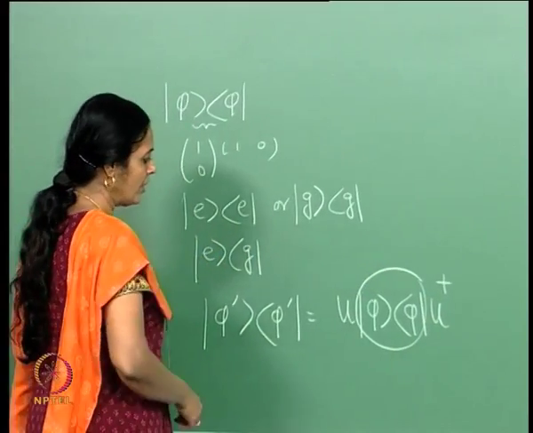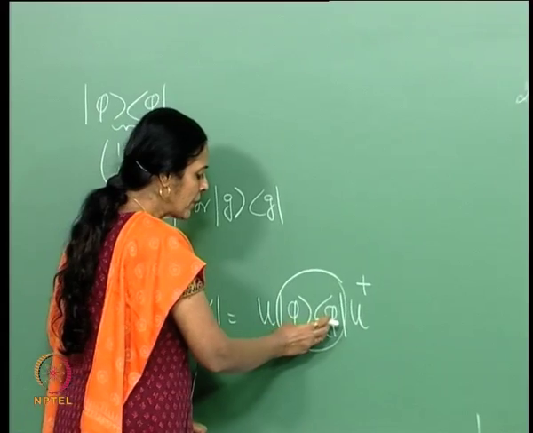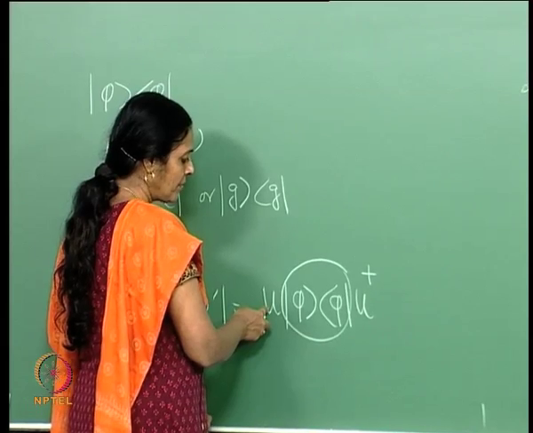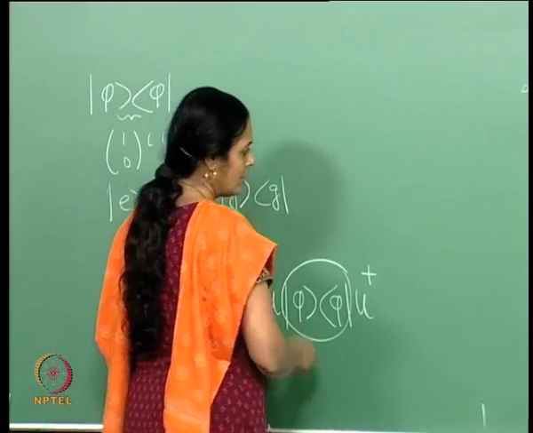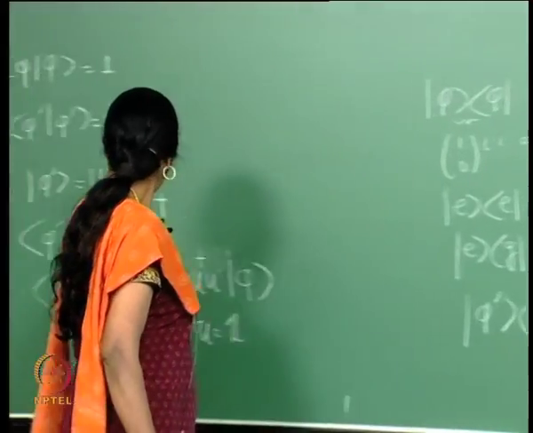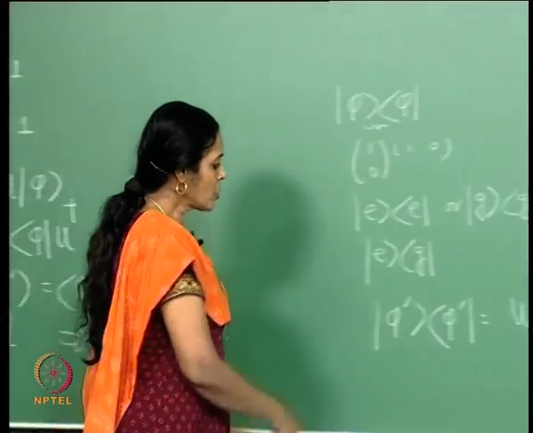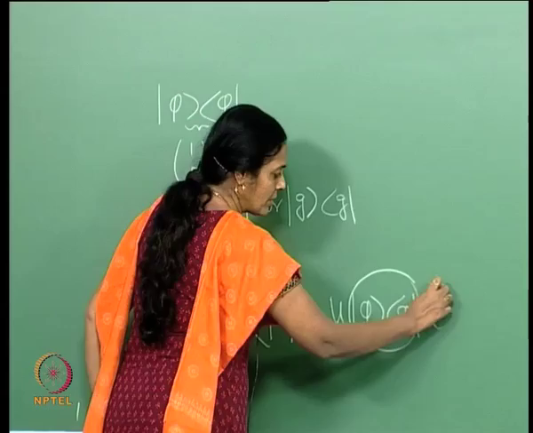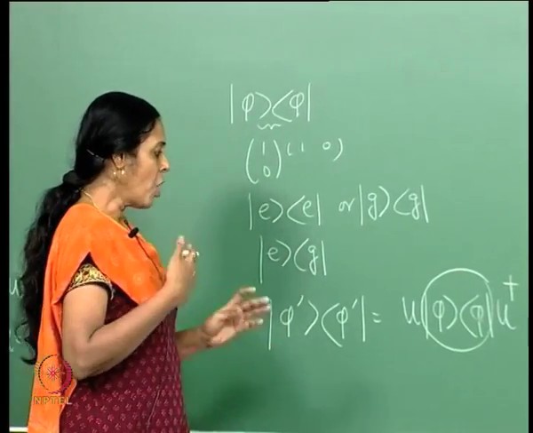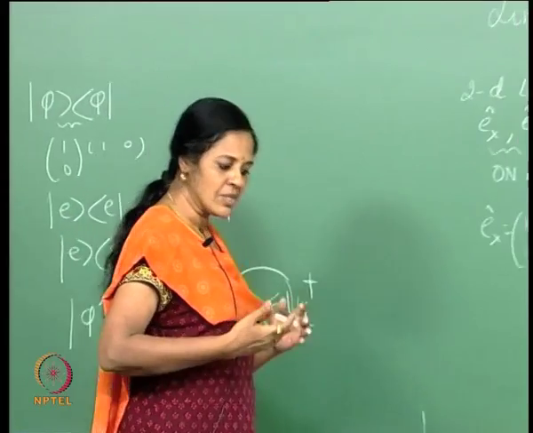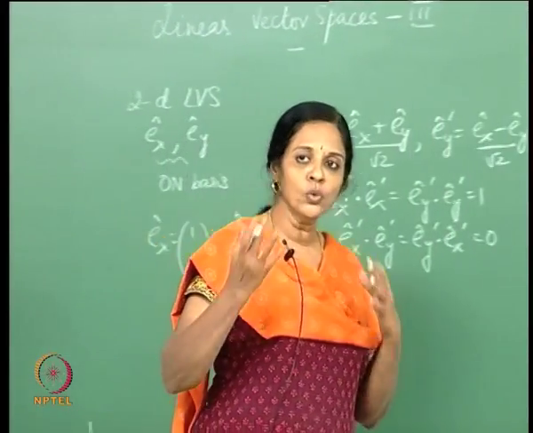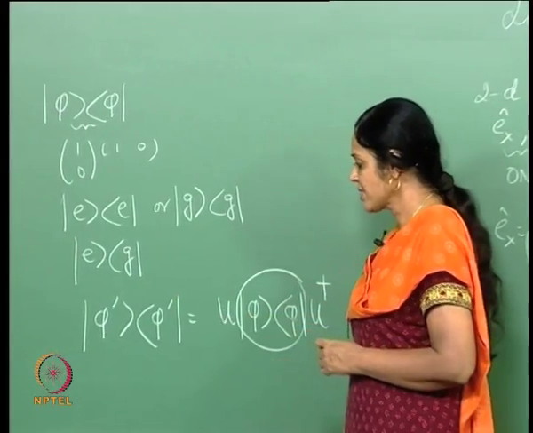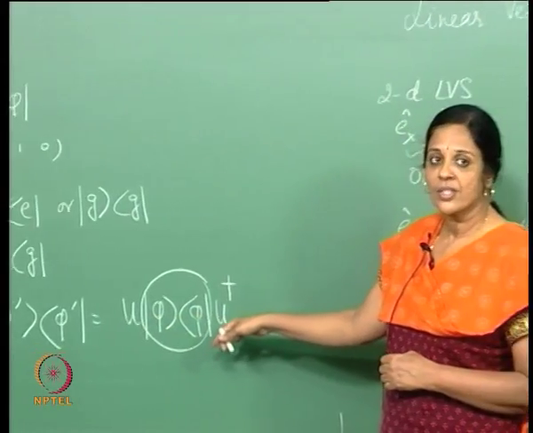So, the transformation that we have brought about on the operator phi is this unitary transformation. In other words, when the basis state changes to U phi, the corresponding operator is flanked by U on this side and U dagger on that side. When operators are changed and basis states are changed to go to a new basis set, and therefore correspondingly new operators, this is the way the unitary transformation is implemented.